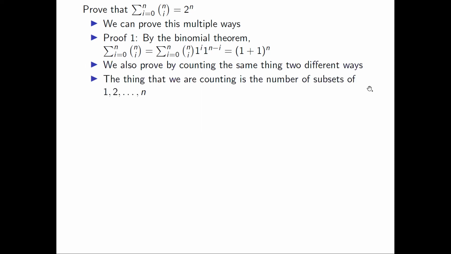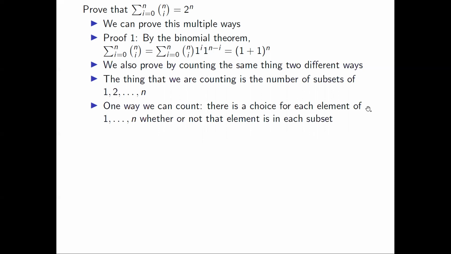We can also prove this using this technique where we count the same thing two different ways. So the thing that we're going to try to count here is the number of subsets of the set 1, 2, up to n. One way that we can count this is we can think of it like choosing or not choosing each element of the set 1, 2, up to n.